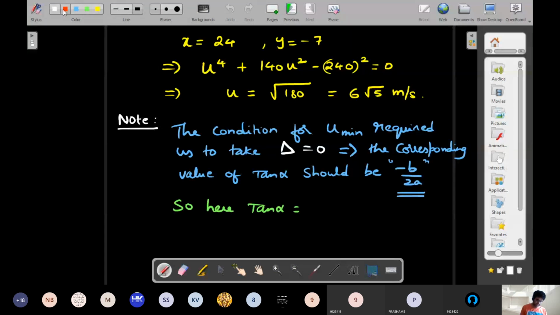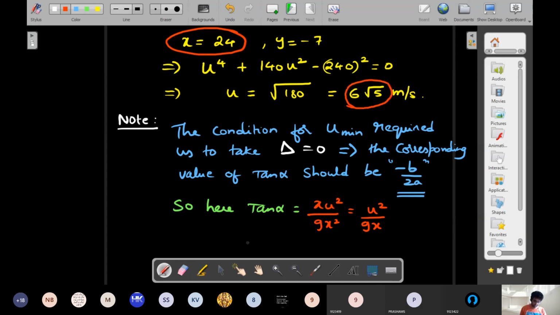So what do you get? Xu square divided by gx square, or simply the value of u square divided by gx. So you'll just substitute x is equal to 24 into that, and the corresponding value of u will be substituted as this number.